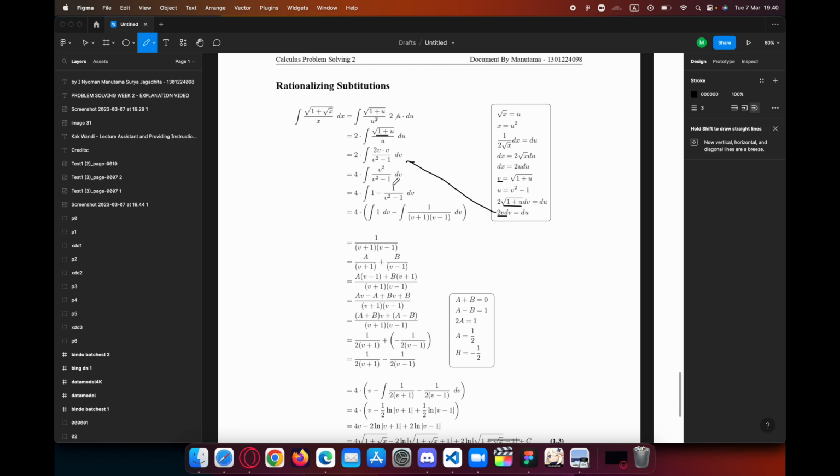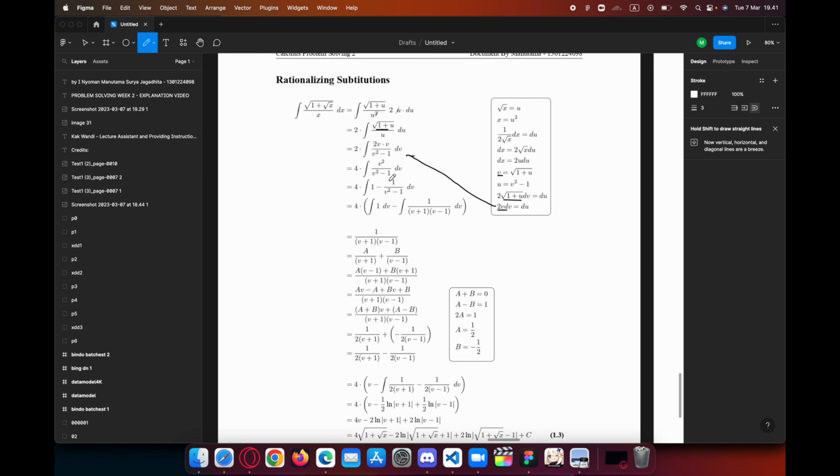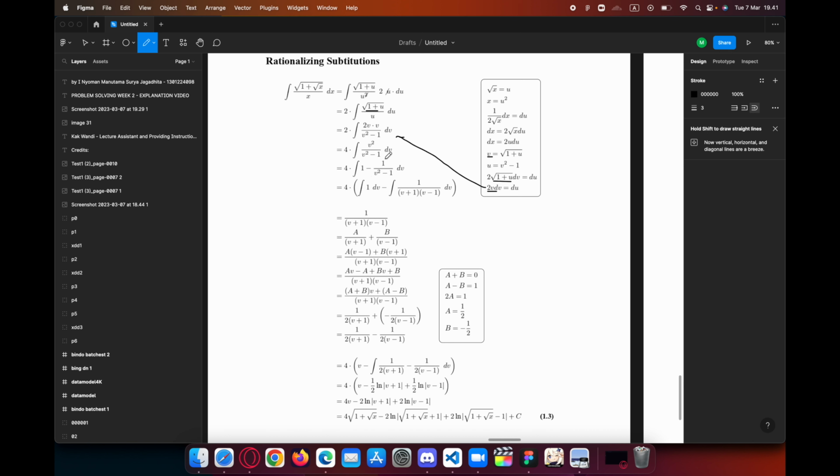Same, we can take the 2 out of the integral and get 4 times the integral of phi squared over phi squared minus 1, and then this form can become this one.